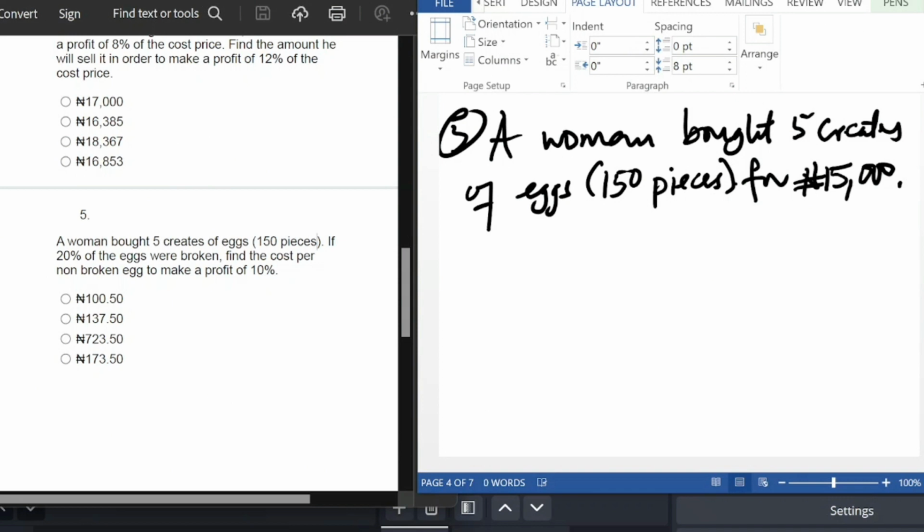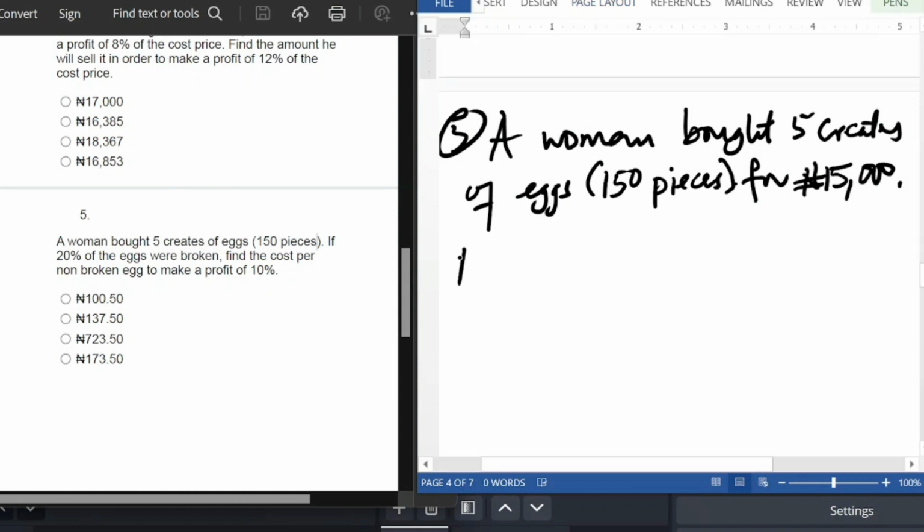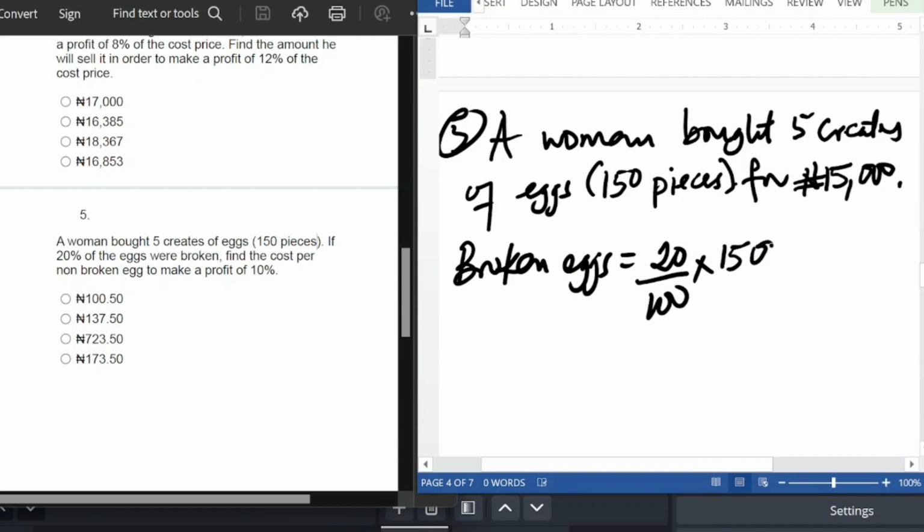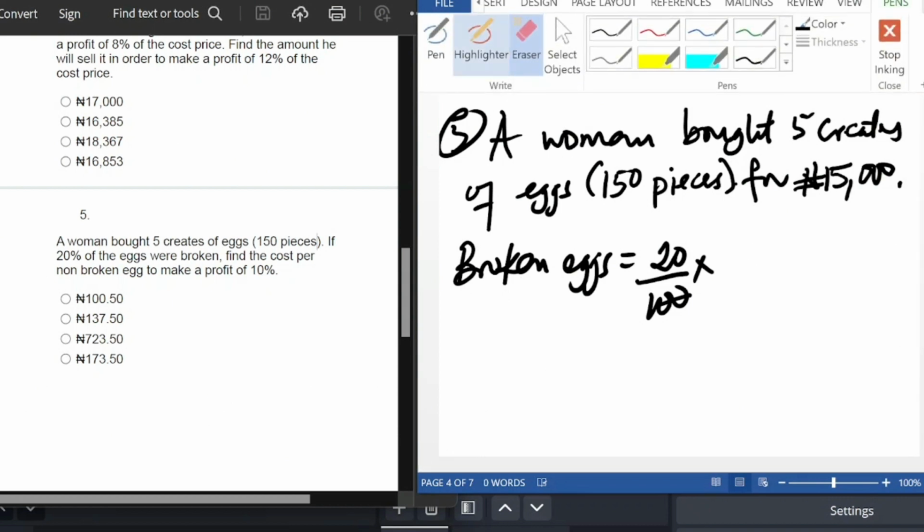If 20% of the eggs were broken, the first thing is to calculate the broken eggs. Broken eggs: 20 divided by 100 multiplied by 150, not 15,000.